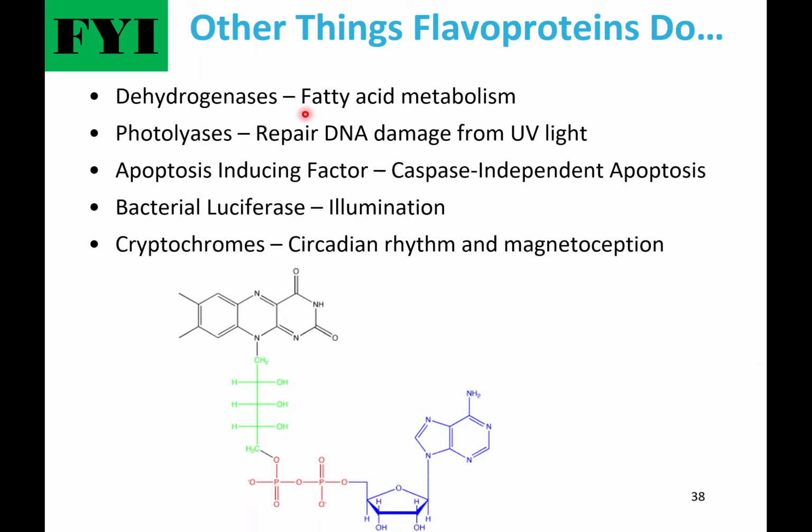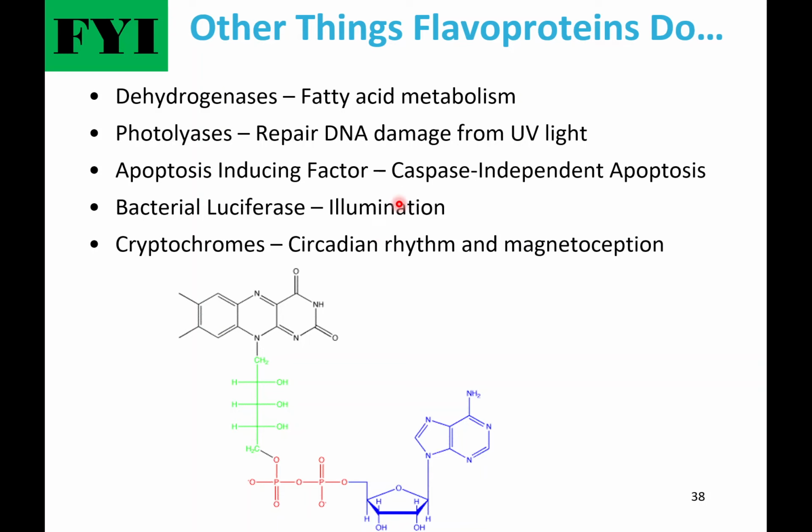Dehydrogenases, that's kind of electron transfer, fatty acid metabolism. But some other things that they do: photolyases, they can repair DNA damage, apoptosis inducing factors, so they can help facilitate apoptosis.